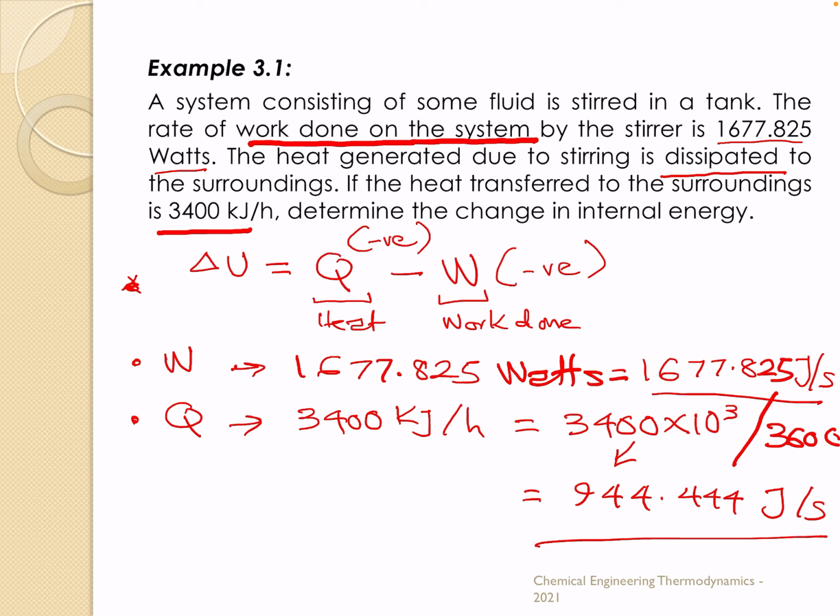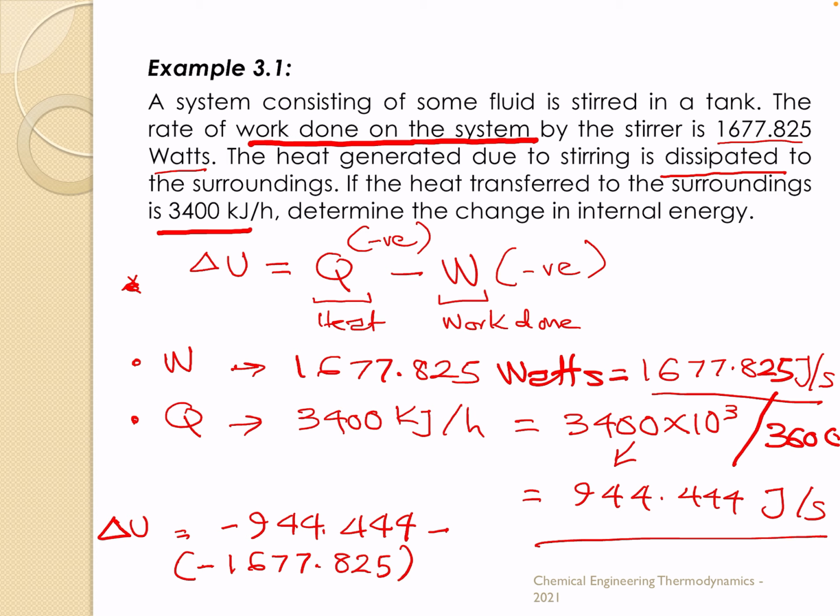Change in U equals, remember our Q will be negative, minus 944.444, minus, and remember this minus is the one in the formula, but we've also said since work is being done on the system, it will be negative, so minus 1677.825.